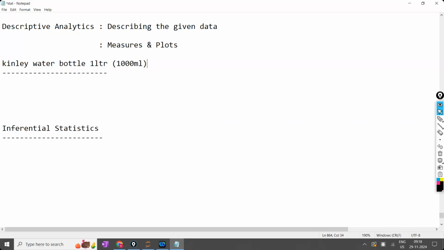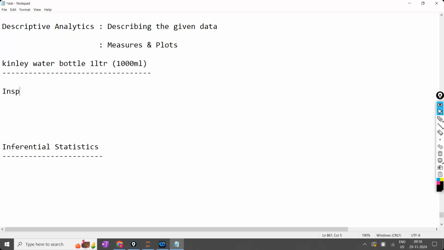Now we have to check whether the given bottle contains 1000 ml, or more than 1000 ml, or less than 1000 ml. As a quality inspector, what the inspector is going to inspect is whether 1000 ml is available in the bottle or not.